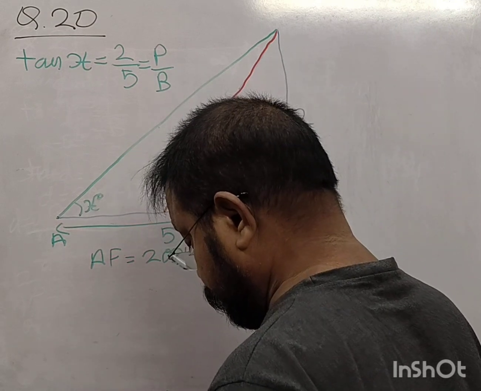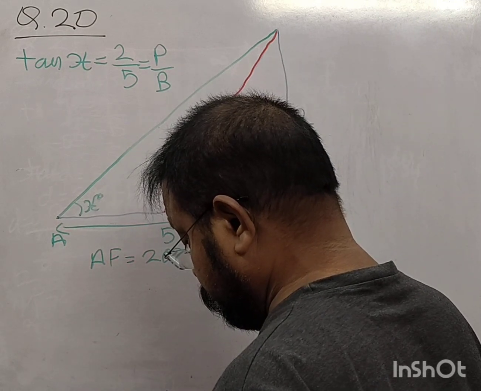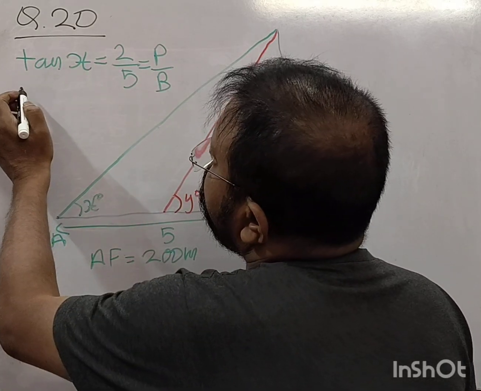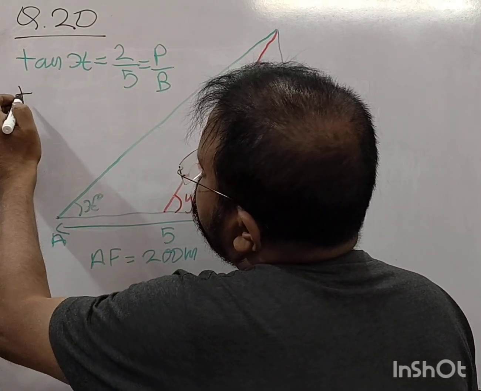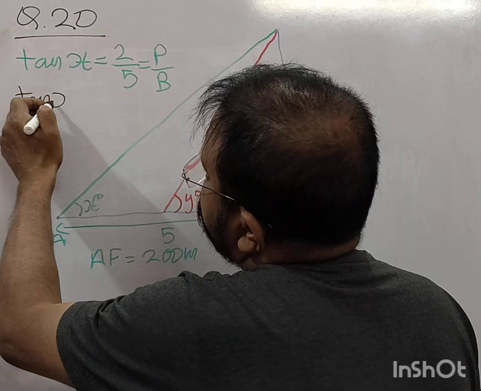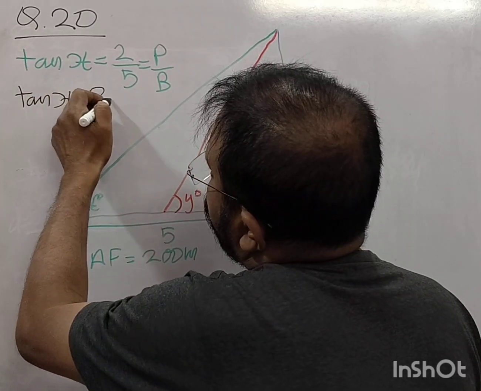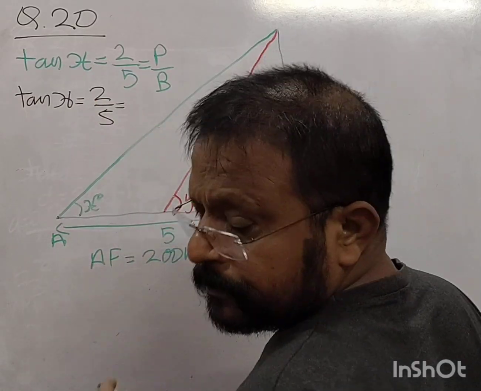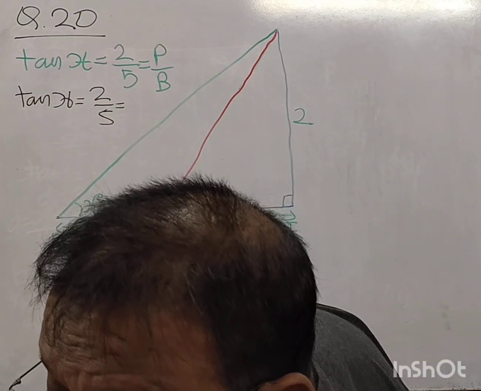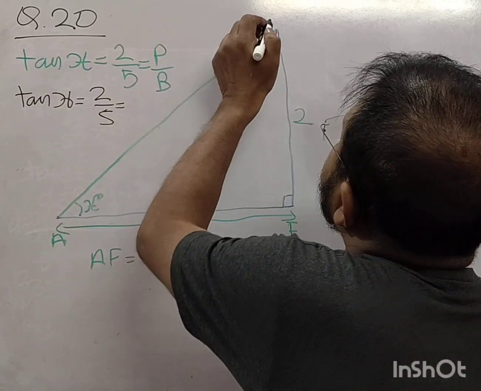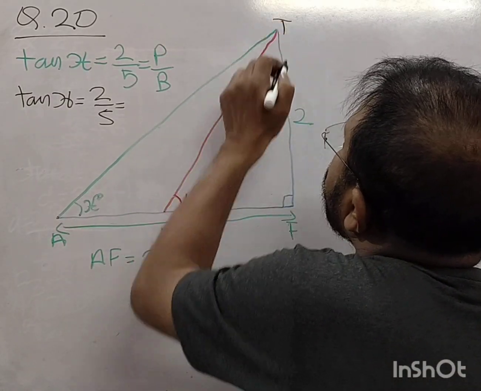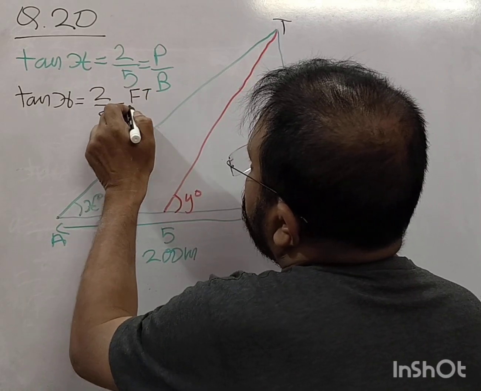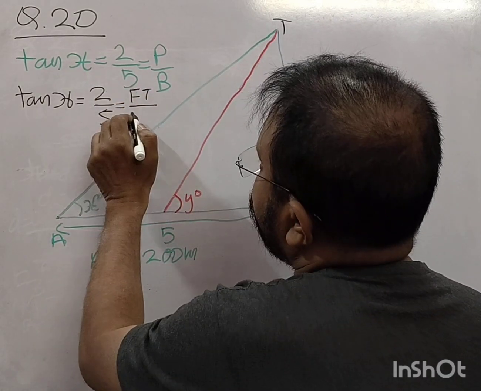So we know that tan x is equal to 2 upon 5 is equal to this is FT, FT upon AF.